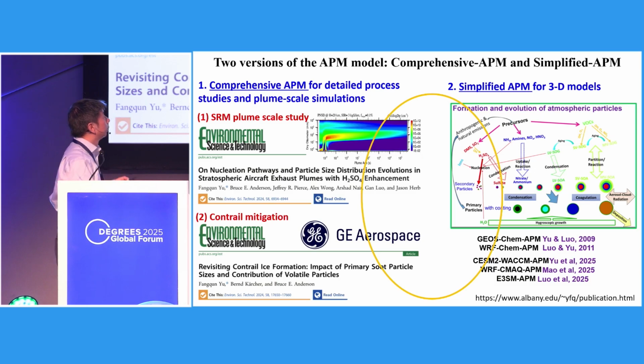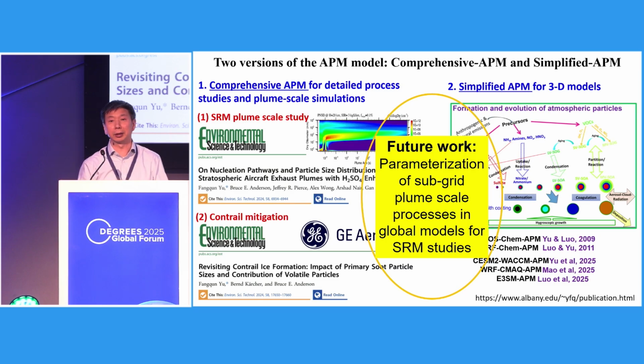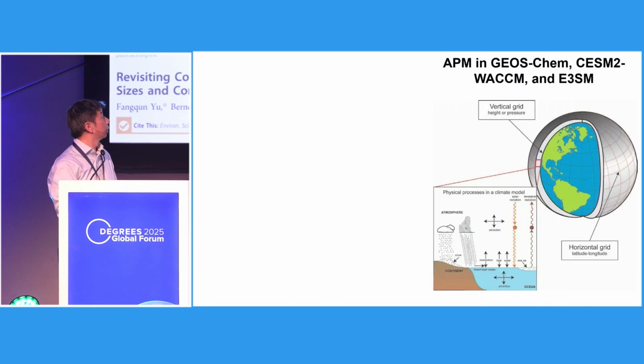Before going there, as pointed out in the previous talk, at some point we think the plume scale process and the three-dimensional process should be integrated. So as part of the future work, we want to develop parameterizations based on this plume scale process and parameterize that in the three-dimensional model for the SAI studies. So it's based on the same model, but different applications.